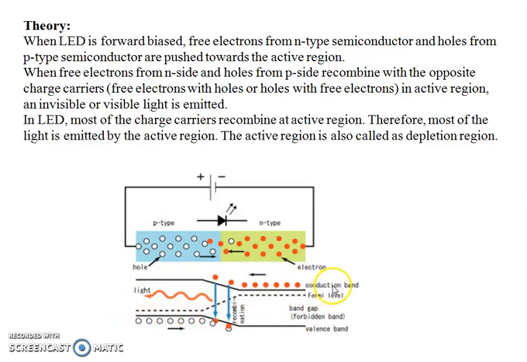So when you give energy to the electrons, they will move to the p-type region, the holes will move to the n-type region, and there recombination of electron and hole happens. This gives rise to energy, and if this energy falls in the region of your visible spectrum, then you have an LED, or the light emitted from the diode.